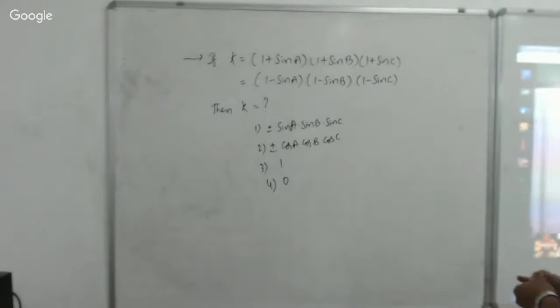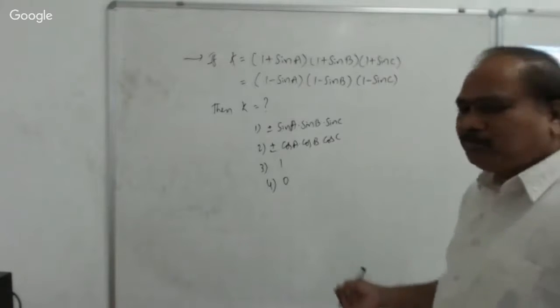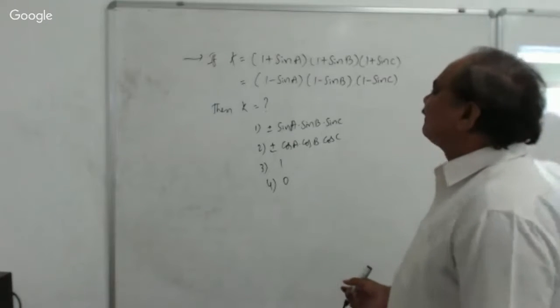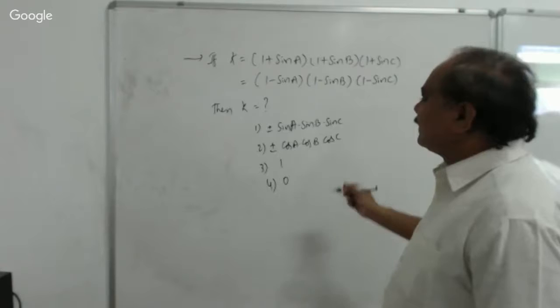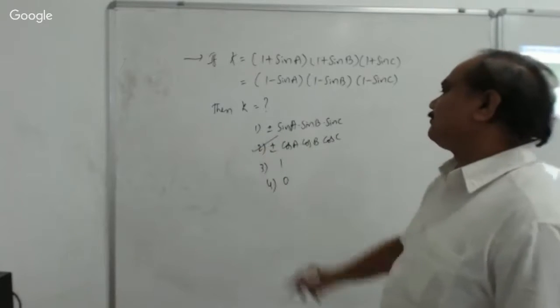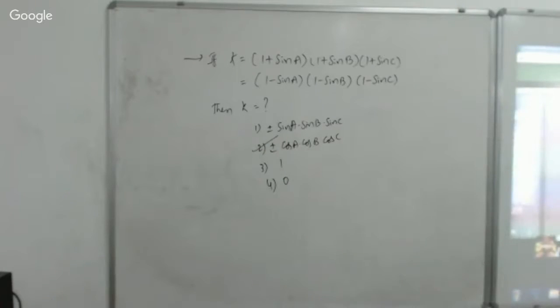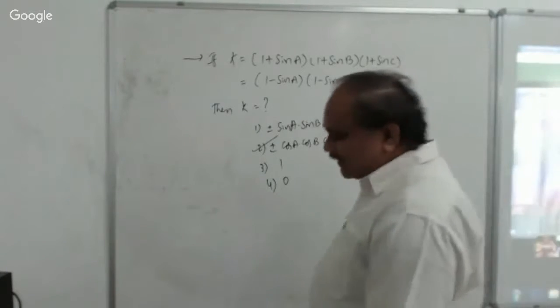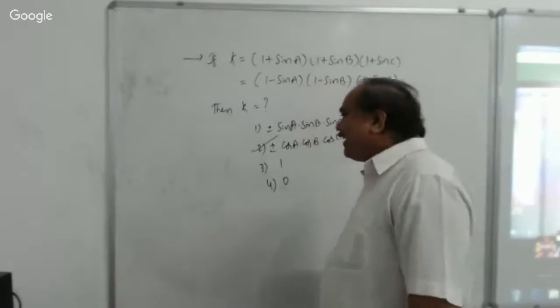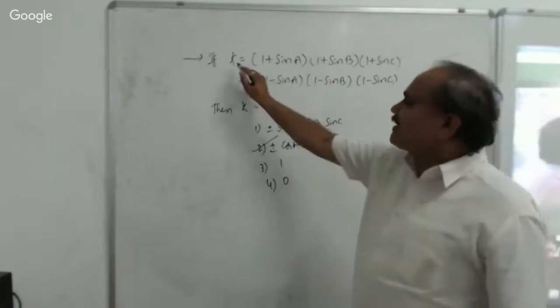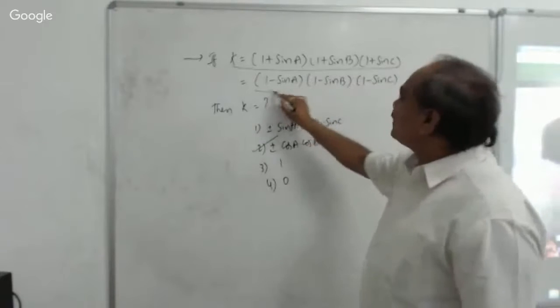Yes, sir. So the answer is simple logic. The answer is the second option. Sir, if you multiply everything, then it will be 1 minus sine square A. Yes, that is the thing behind this. Now it is k, and it is also k.